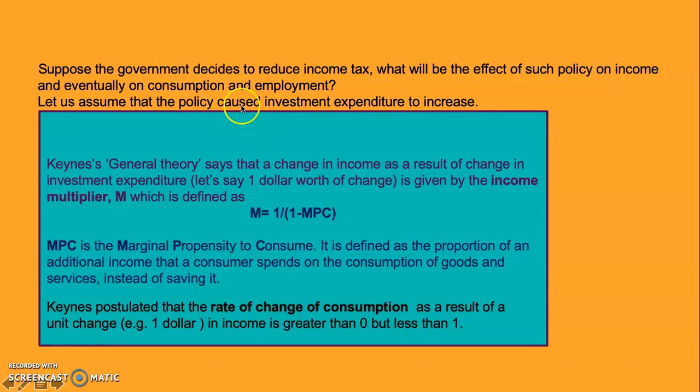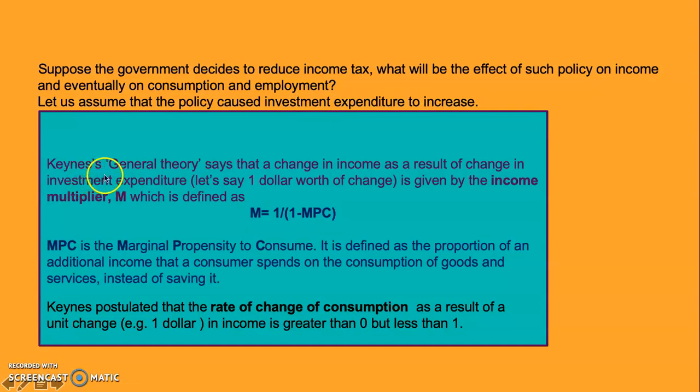Suppose the government decides to reduce income tax. What will be the effect of such policy on income and eventually on consumption and employment? Let us assume that the policy caused investment expenditure to increase.